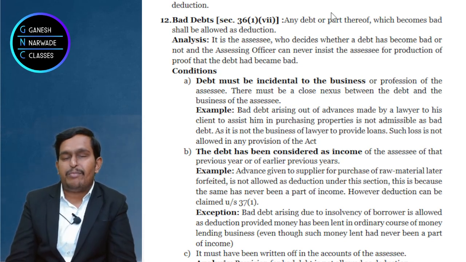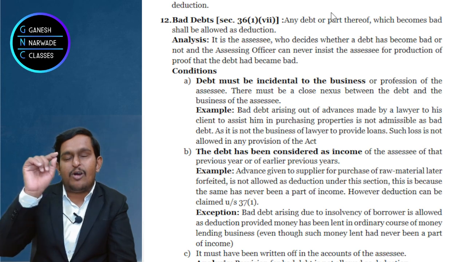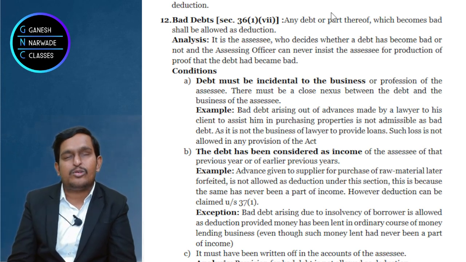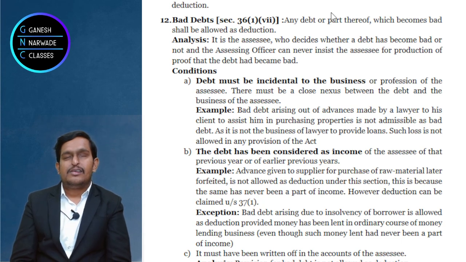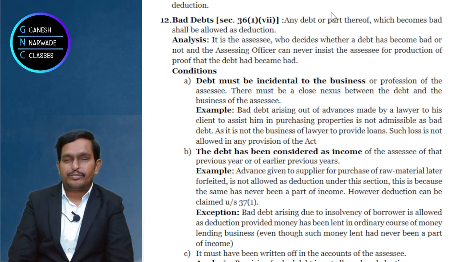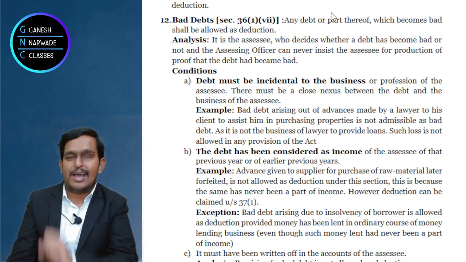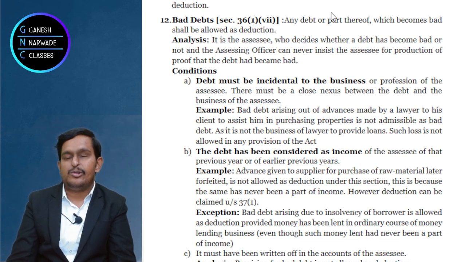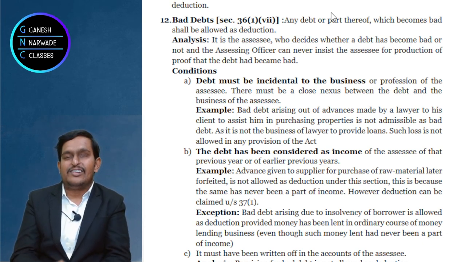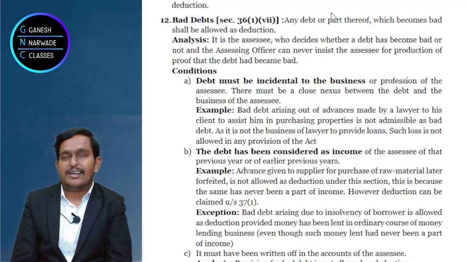I'll give you one simple example and then we'll see all the 5 conditions relating to it. What happened is, some customer came to you. Your customer's name is, suppose, Imtiaz. Imtiaz came to your store and said, definitely I'll pay all the money sir, don't worry, please give me goods on credit.